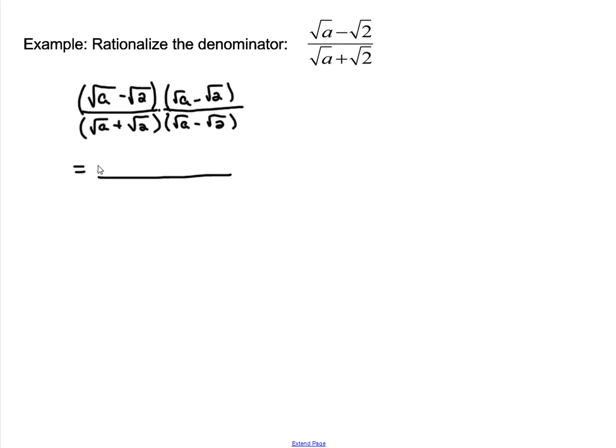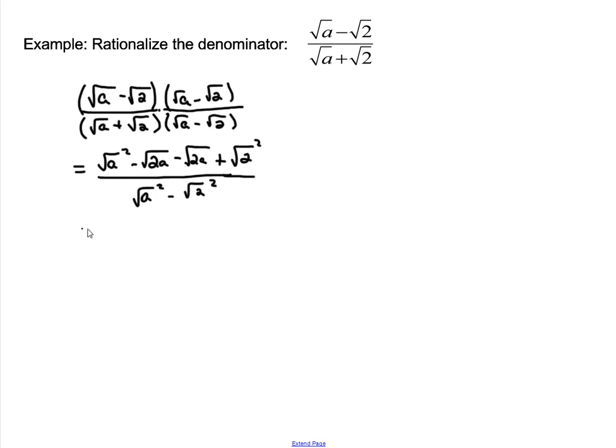We're going to take the square root of a squared, minus the square root of 2 times the square root of a, which is the square root of 2a, minus the square root of 2 times the square root of a, plus the square root of 2 times the square root of 2. In the denominator, since we're dealing with that special form, we're going to end up with the square root of a squared minus the square root of 2 squared.